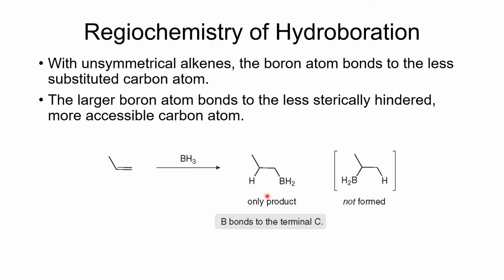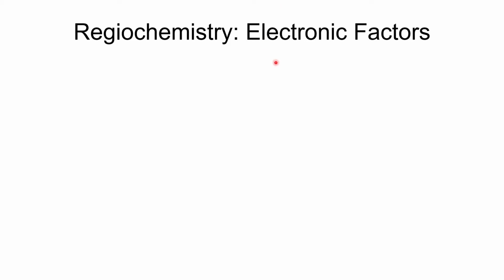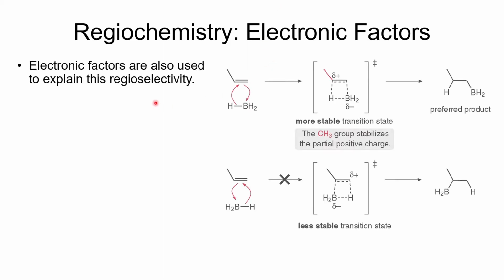I'm not sure that that is the best explanation, so I'm going to show you the other explanation for this, and that other explanation is an electronic argument. So this can help to explain the regioselectivity.